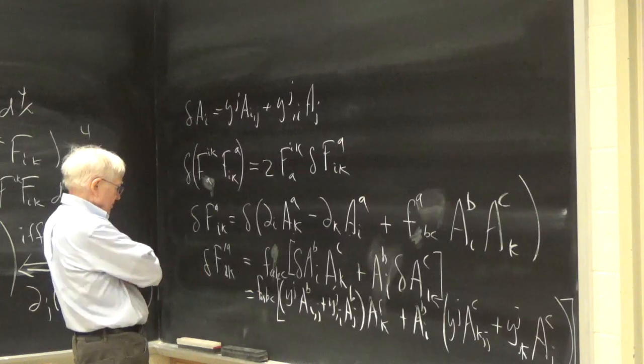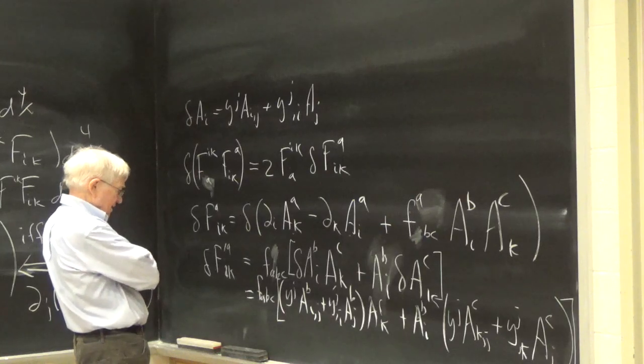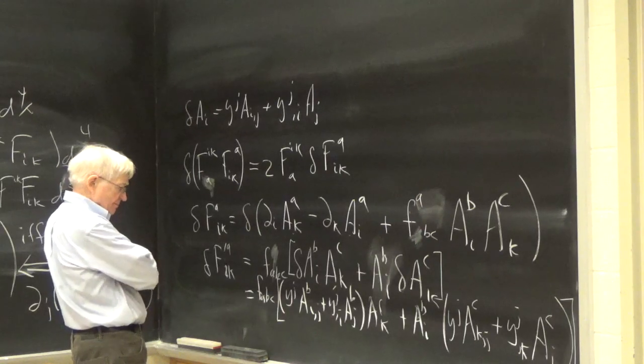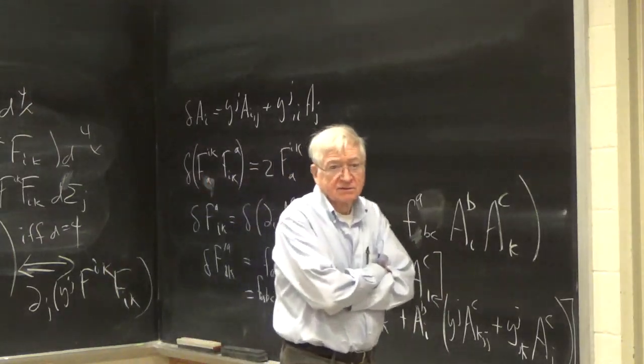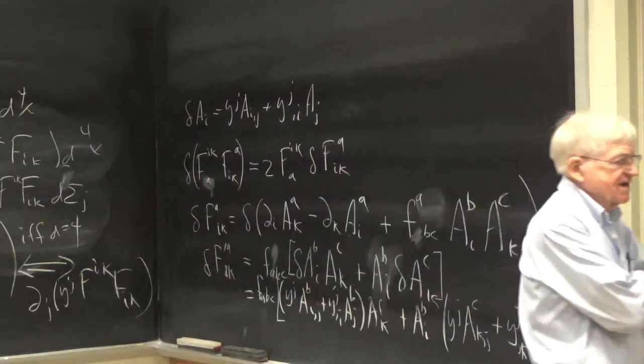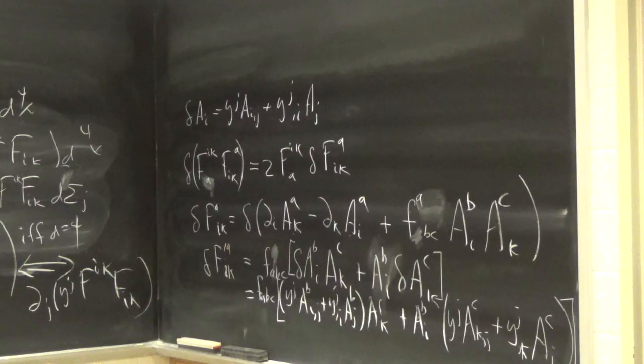Gosh, I don't know. By the way, my guess is that it's going to work out, and I'm saying this for a couple of reasons. One is that when we went from ordinary to Yang-Mills, we haven't added any dimensionful parameter.